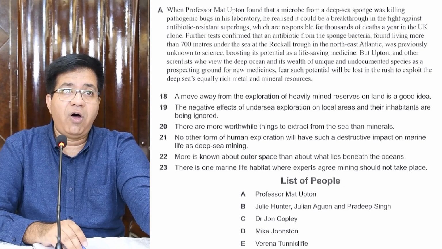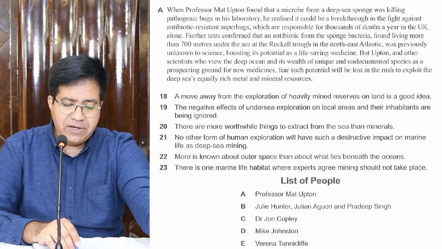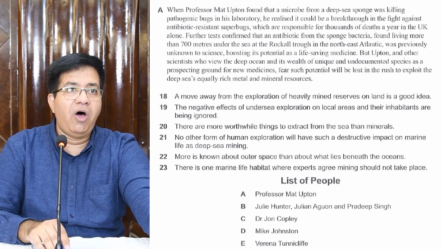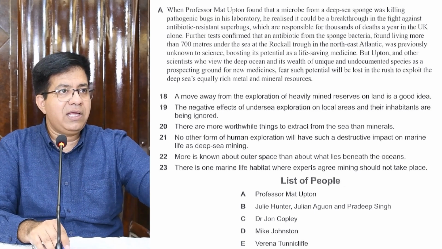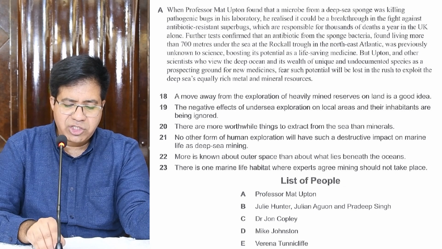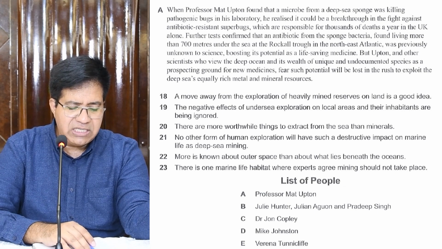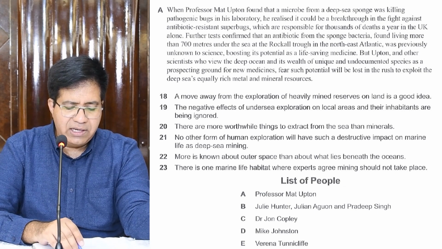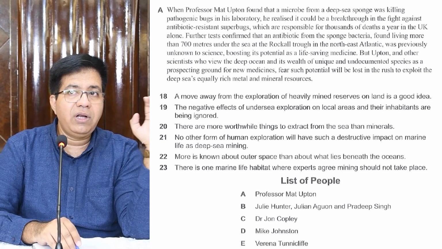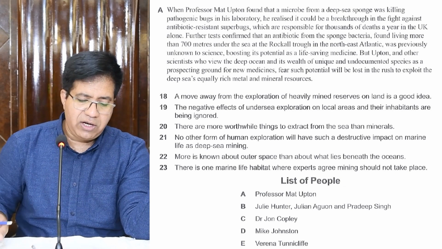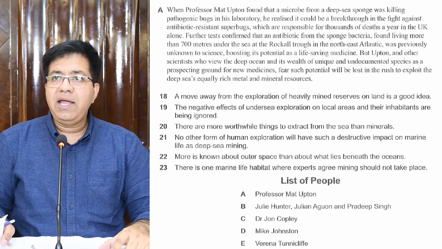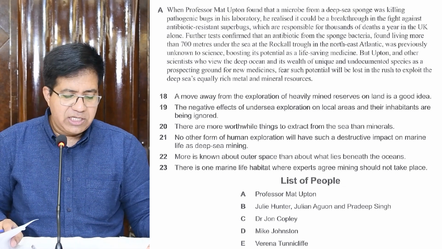Now they see it for new medicine. Fear. Fear means they fear such potential will be lost. Now if we do the sea mining, the potential for medicine will be lost in the rush to exploit the deep seas, equally rich metal and mineral resources. He says equally rich. Like on earth also we've got equally rich and all that. So he's saying that the importance for new medicine and fear is that all these things will be lost.